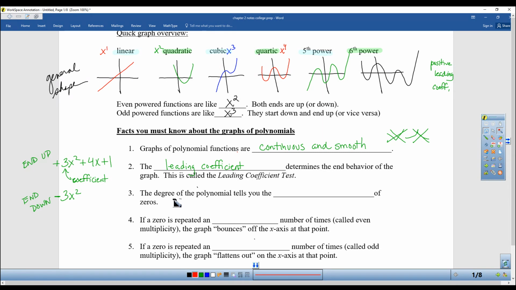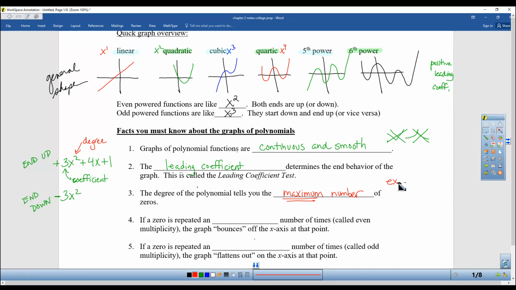The degree of the polynomial, so there's the degree, it means the highest exponent. The degree of the polynomial tells you the maximum number of zeros. It's important that you realize it doesn't tell you the number of zeros, it tells you the maximum number of zeros.